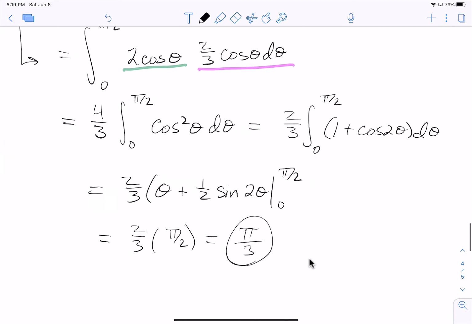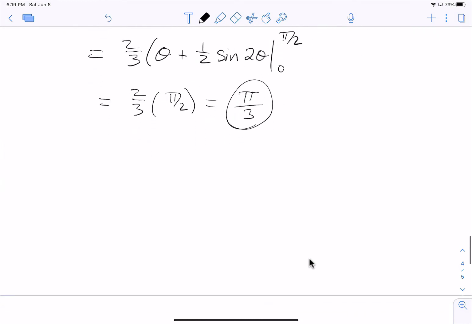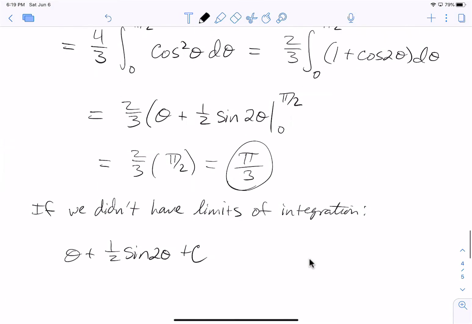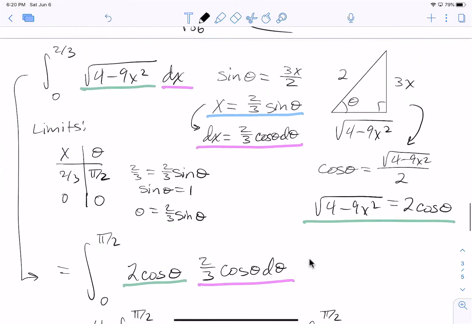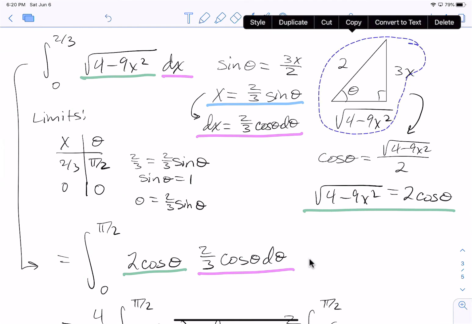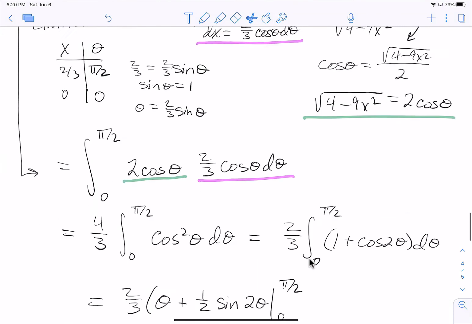Now this worked out nicely because we had limits of integration. But if we didn't, and our answer turned out to be theta plus 1/2 times the sine of 2 theta plus c, that's in terms of theta, we would need our answer to be in terms of the original variable x. For that, what I would do is refer back to the triangle.